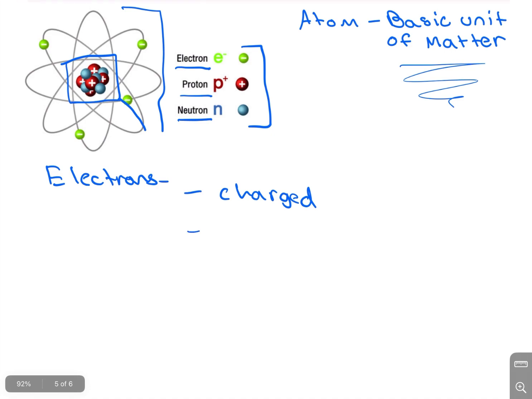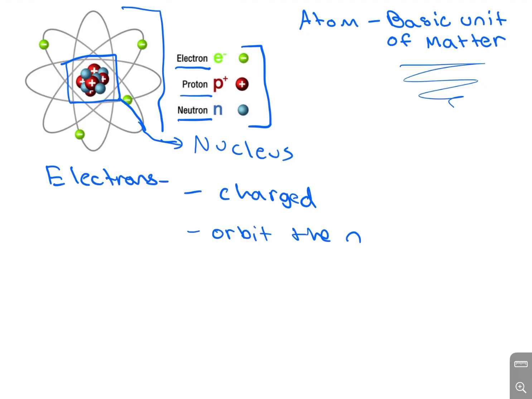The second property of electrons is that the electrons orbit the nucleus. We talked about this being the nucleus. This is the nucleus. The electrons orbit around the nucleus. You see these green spheres right here? These are orbiting around the nucleus.